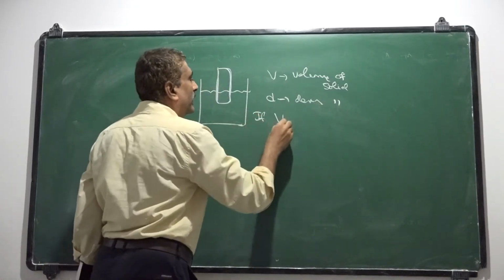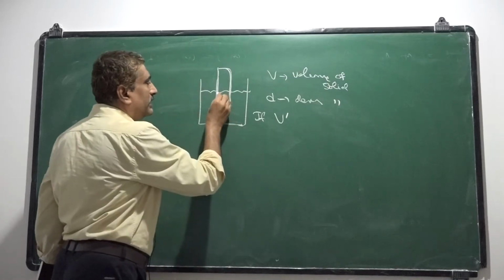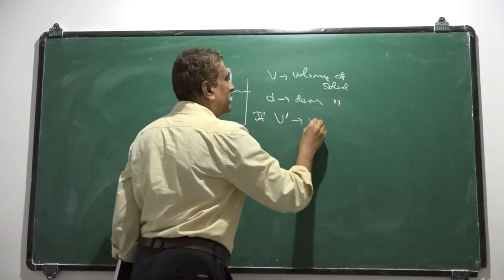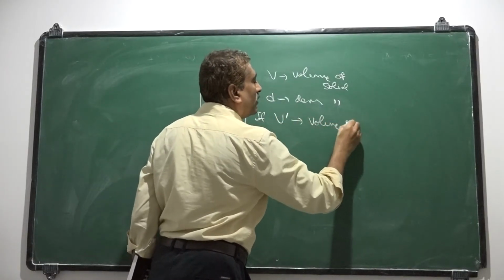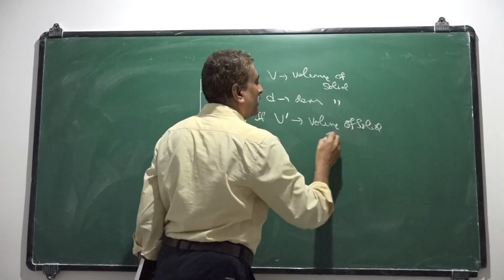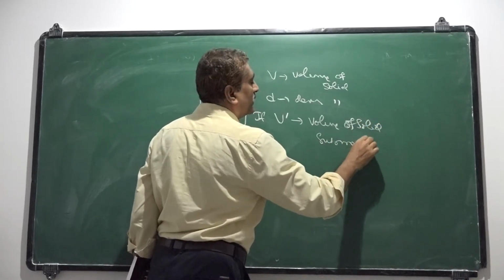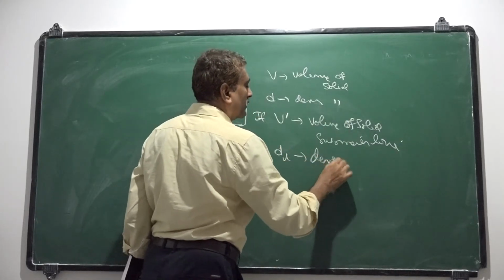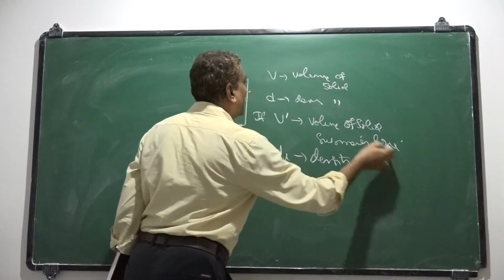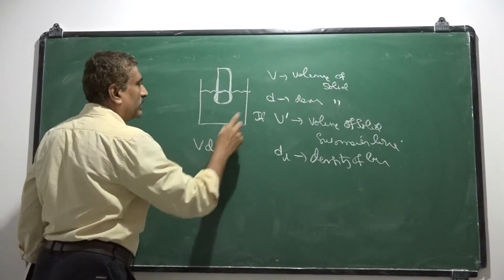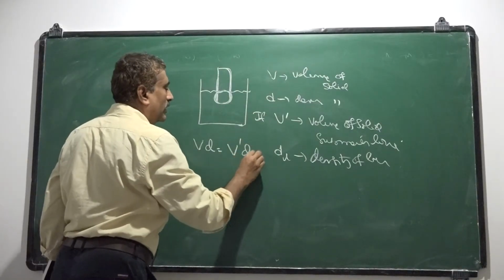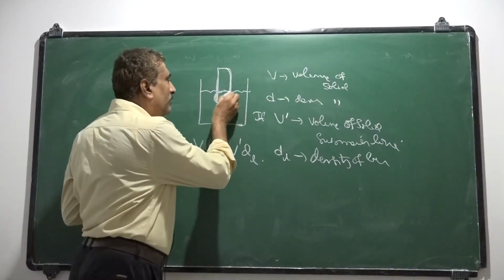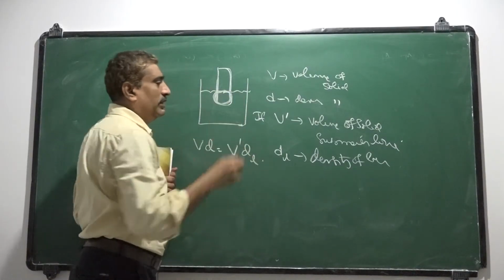If V dash is the volume of the solid submerged in the liquid, and dl is the density of the liquid, then the condition you have to remember is V into D is equal to V dash into dl. Okay, volume of the solid into density of the solid is equal to volume of the solid inside the liquid into density of the liquid.